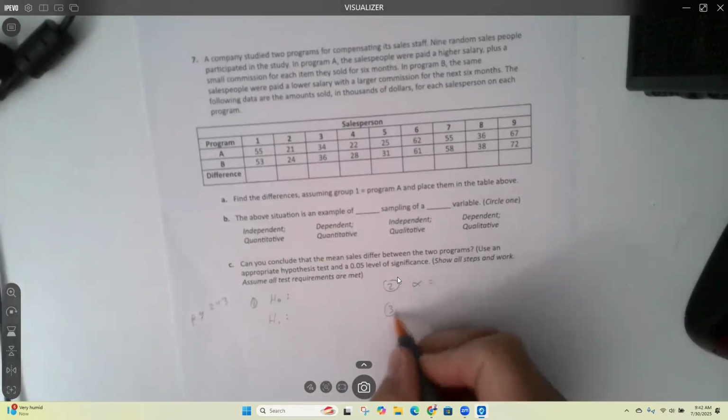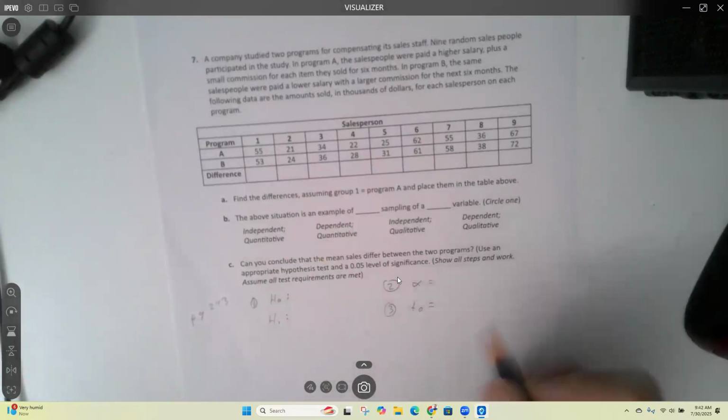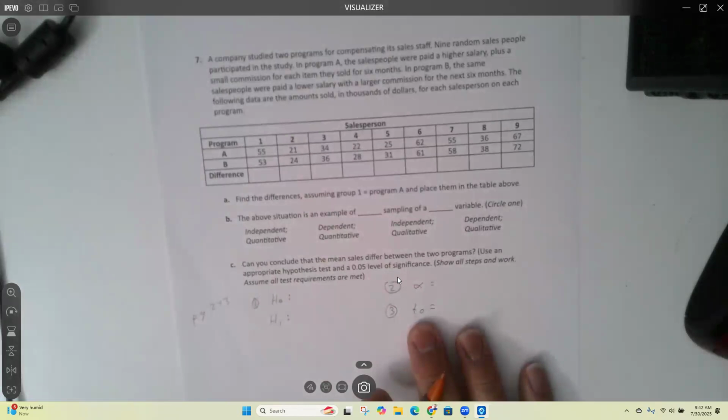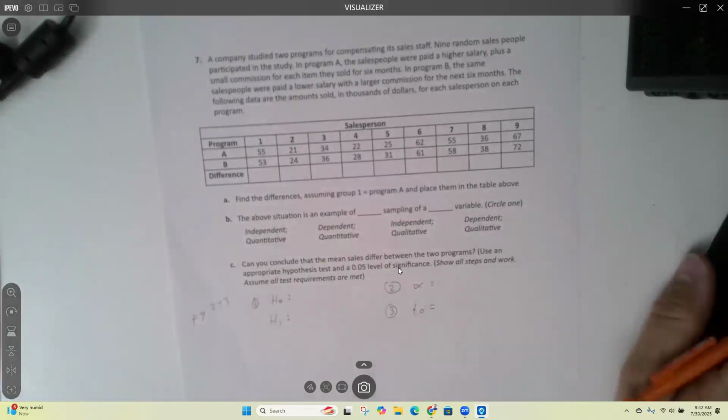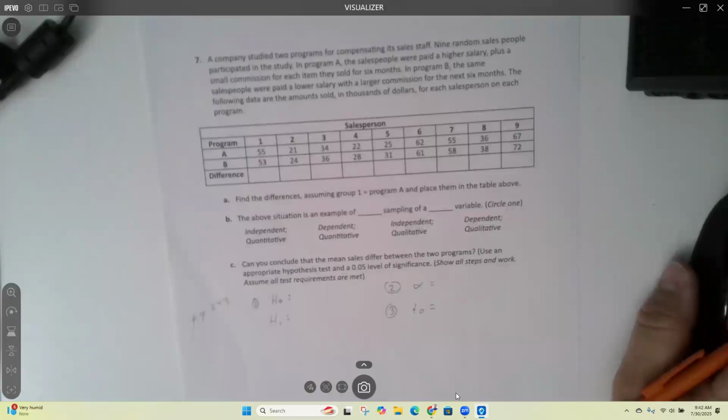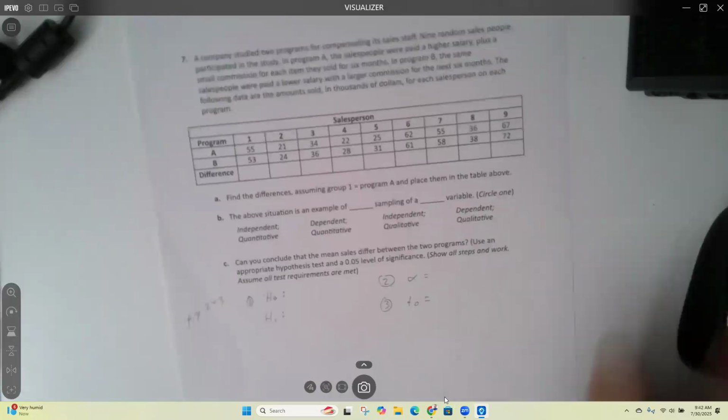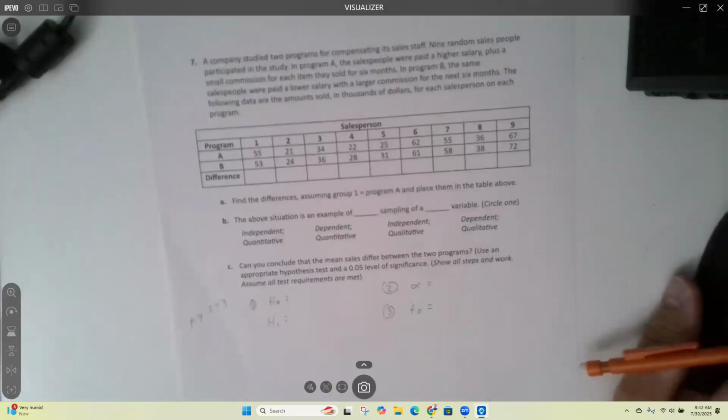Again, we are looking at means here, so we would do a t value. All right, that's all the hints I'm going to give you, but we're going to work through the worksheet and make sure we get all the questions right.